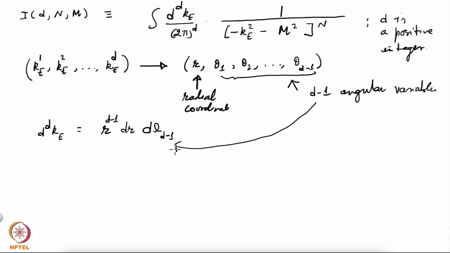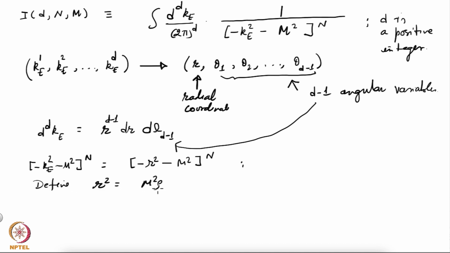Now the denominator of the integrand, which is (minus k_E square minus m square) to the power n, becomes (minus r square minus m square) to the power n. So there is no angular dependence here. That's why we have used it. Now define r square to be m square rho.